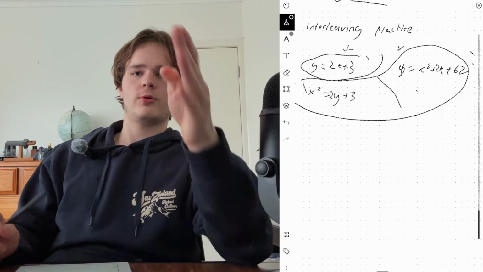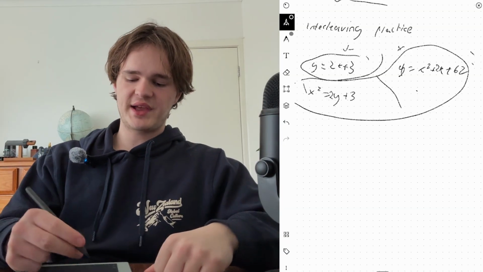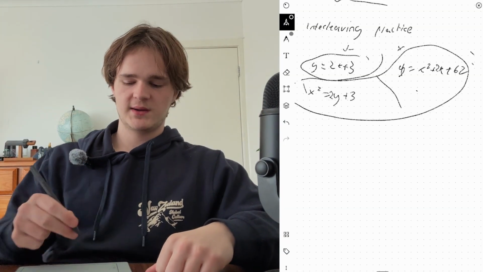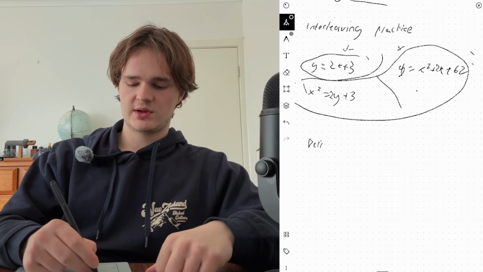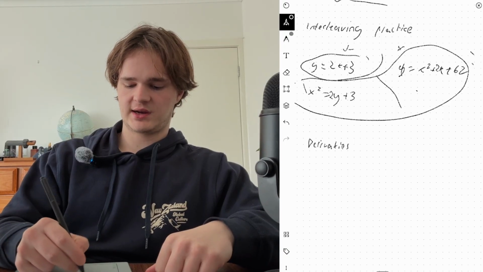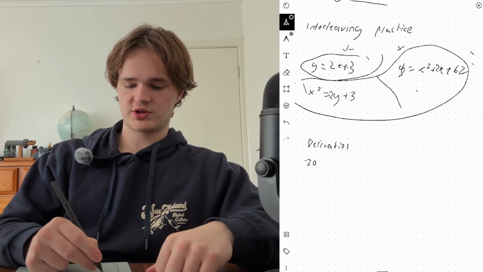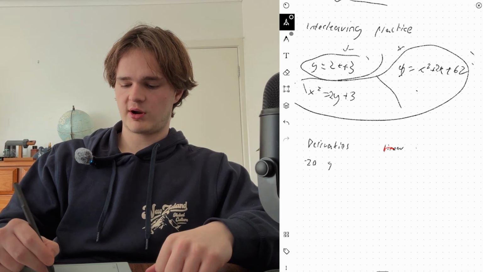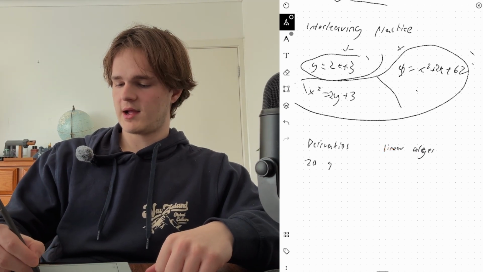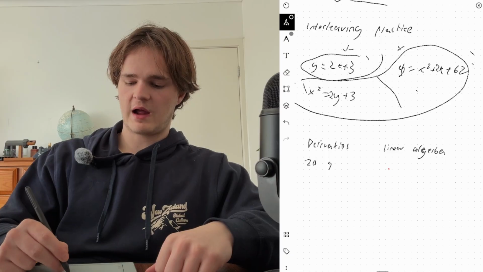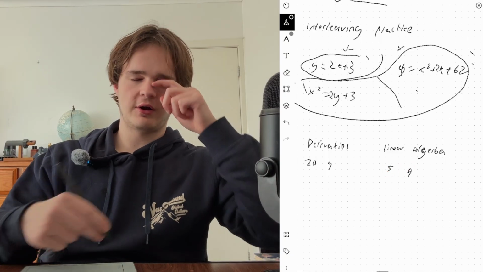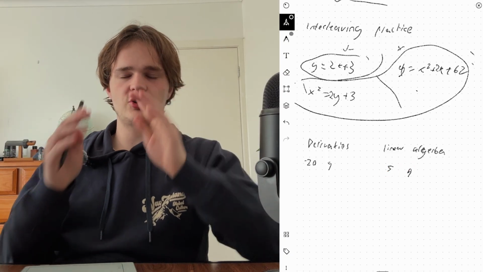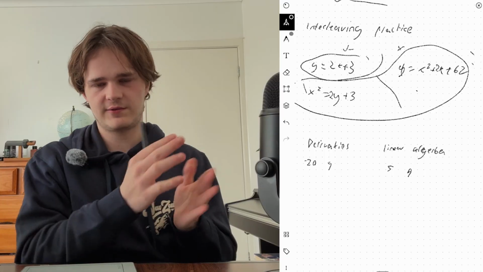Now, most people, when they do their practice, will separate each topic. They might do the derivatives in one section, and you might have 20 questions on it. But then you might do the linear algebra, and only do, I don't know, 5 questions on it. And so on and so forth. Most people do them in different sections.